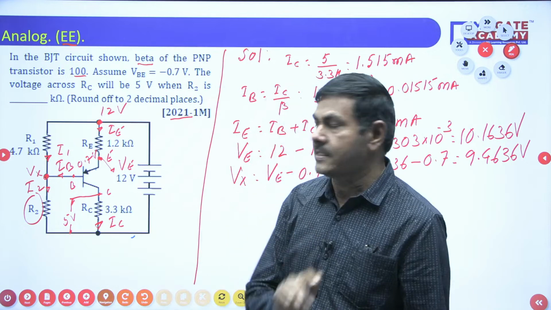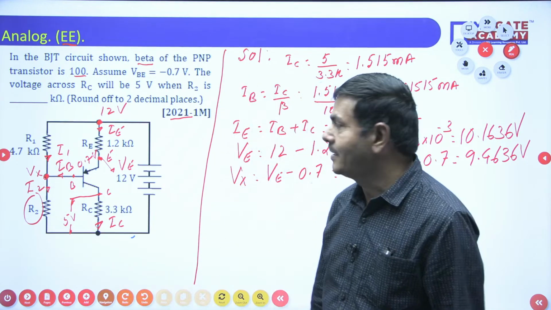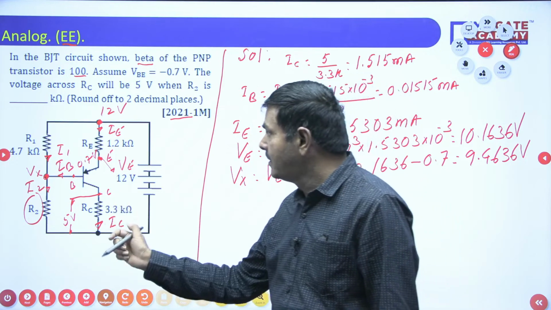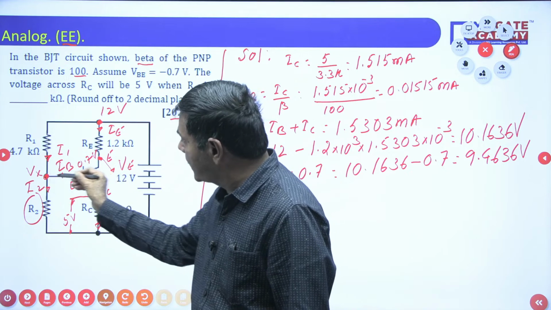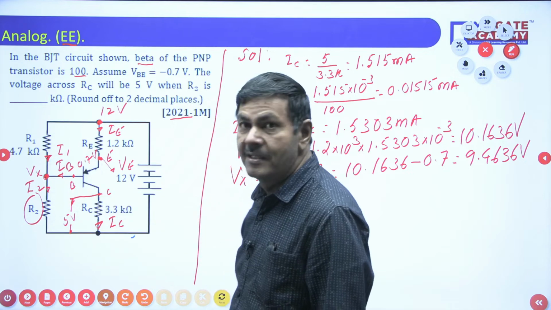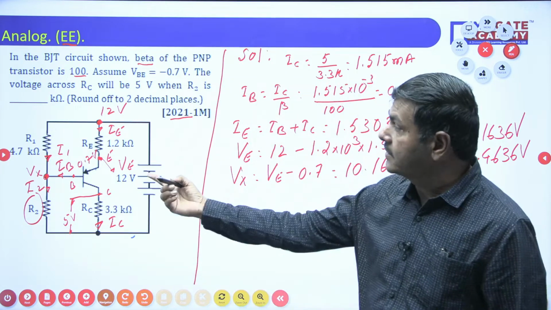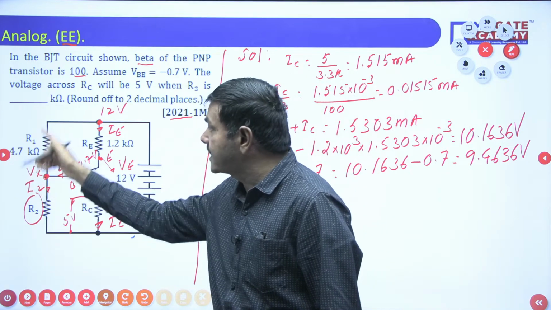I got the voltage, but I want this I2 also. Without I2, I can't do anything. How can I get I2? IB plus I1 equal to I2. This I2 is IB on this side plus I1 on this side. So without knowing I1, I can't get I2. I1 is the current across 4.7 kilo ohms.